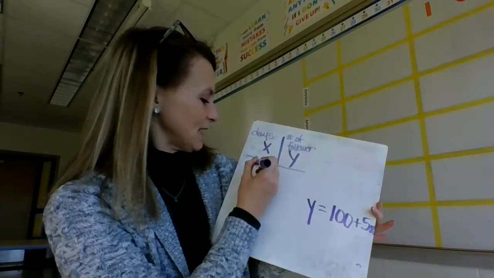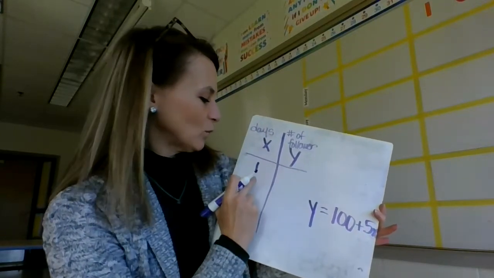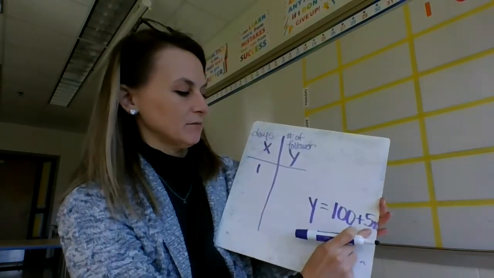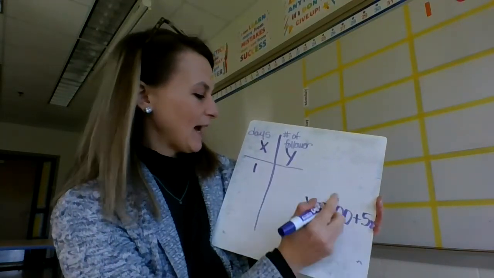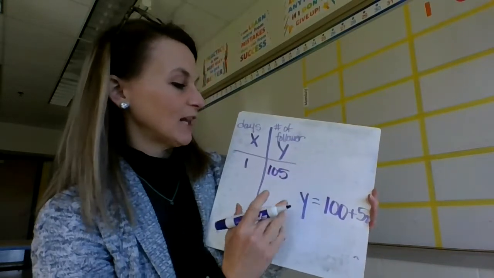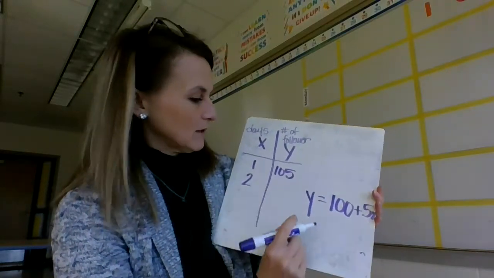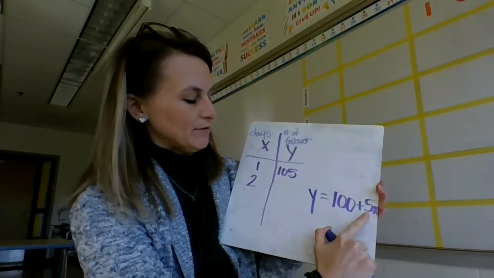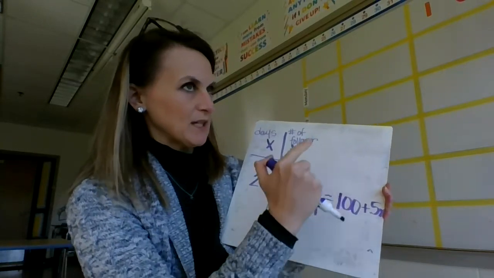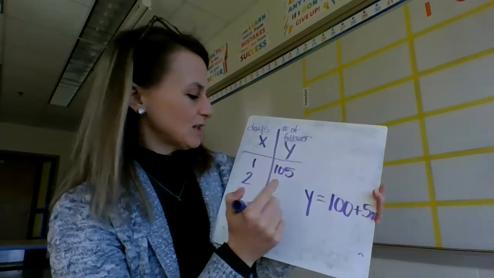So let's just say it's been 1 day. Because my X is 1, I'd say, okay, 5 times 1 is 5. 100 plus 5 is 105. So she'd have 105 followers after just 1 day. Now, after 2 days, we would say, okay, 5 times 2 is 10, because every day she's getting 5 more followers. 5 times 2 is 10, plus the 100 she started with.